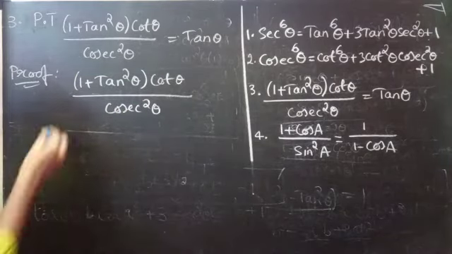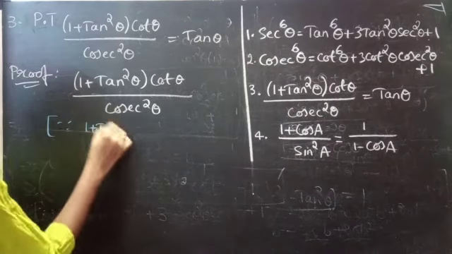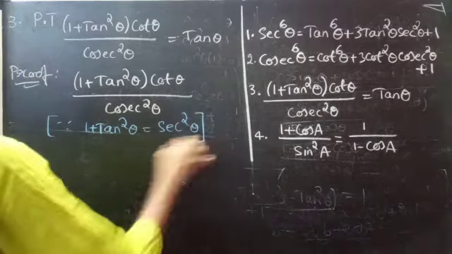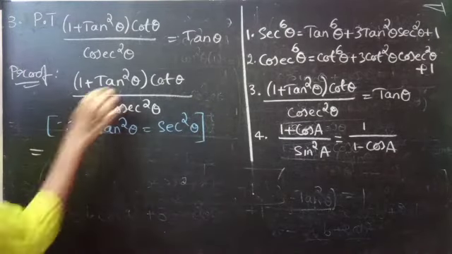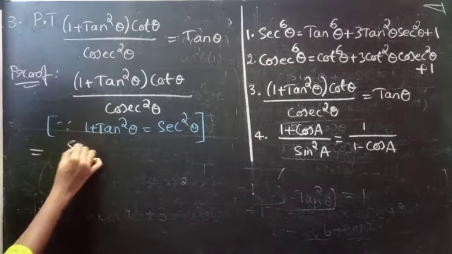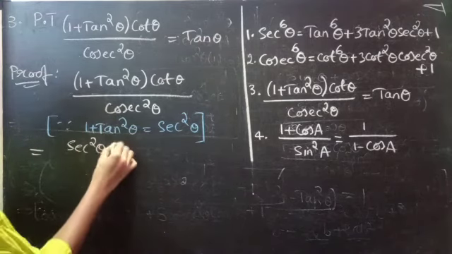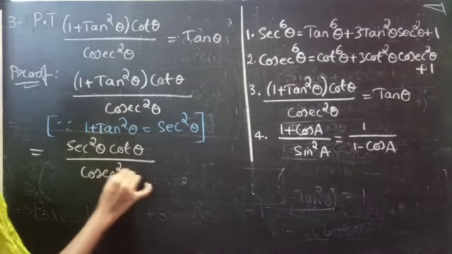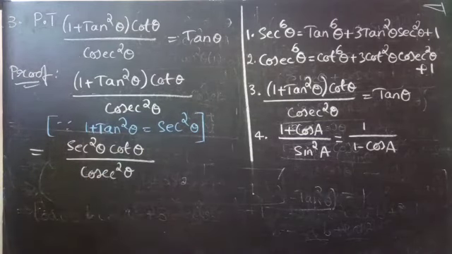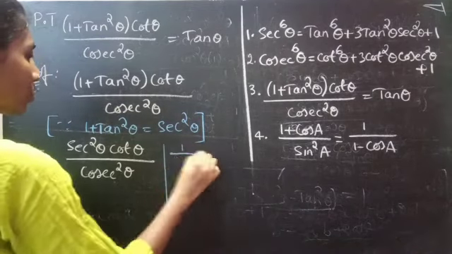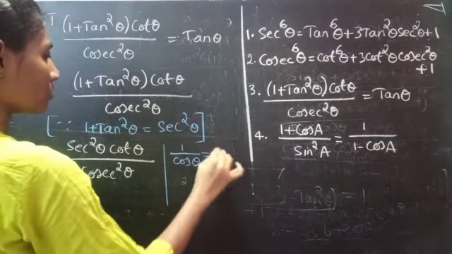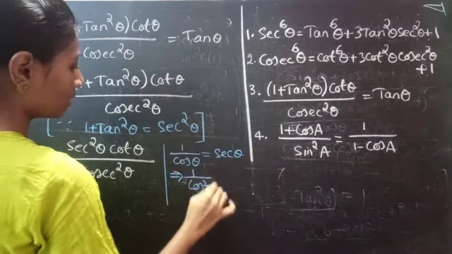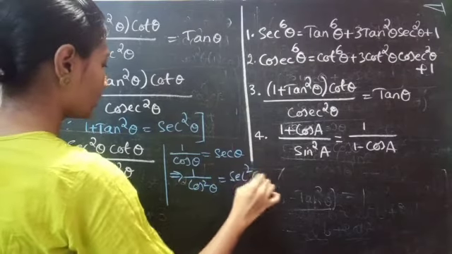Since you know that 1 plus tan square theta equals secant square theta, now you will replace 1 plus tan square theta with secant square theta into cot theta by cosecant square theta. Since we know that the reciprocal of cos theta equals secant theta, if you square on both sides, you'll get 1 by cos square theta equals secant square theta.